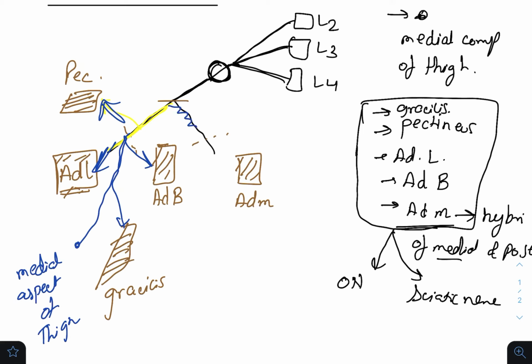The posterior division of the obturator nerve gives branches to adductor magnus, adductor brevis, and then a genicular branch which supplies the knee joint.